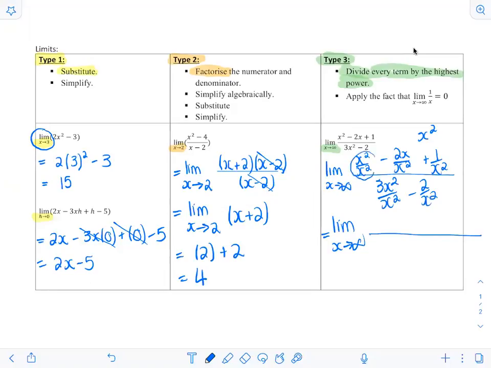X squared divided by itself is 1. X can cancel out one of the x squareds in the denominator, and the last term cannot simplify. In the denominator, again, 3x squared divided by x squared is 3.